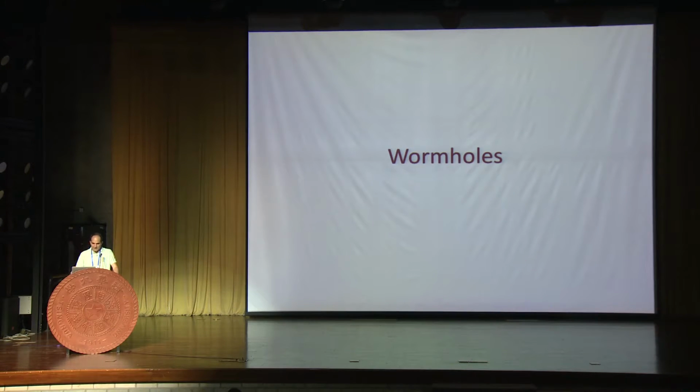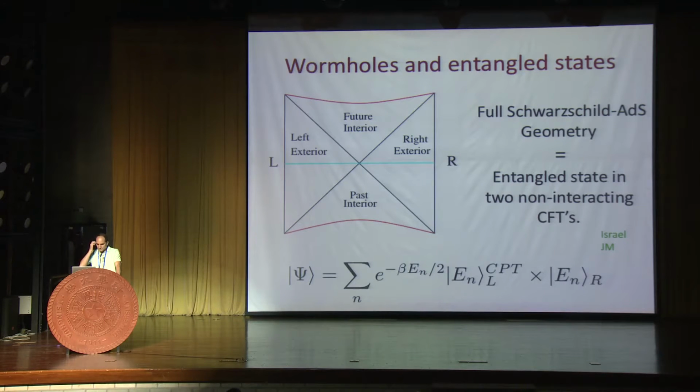Okay, so now I'll discuss a few things about wormholes. As Daniel Harlow reviewed yesterday, we can view a wormhole as an entangled state in two separate CFTs. So these wormholes are the eternal Schwarzschild AdS geometry, or the full Schwarzschild AdS geometry, maximally extended.